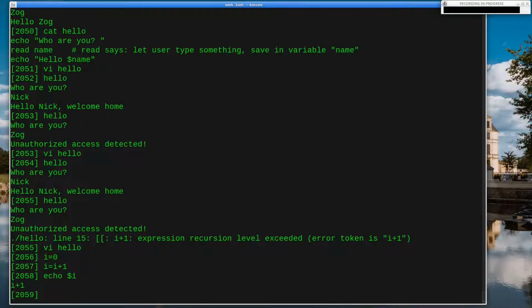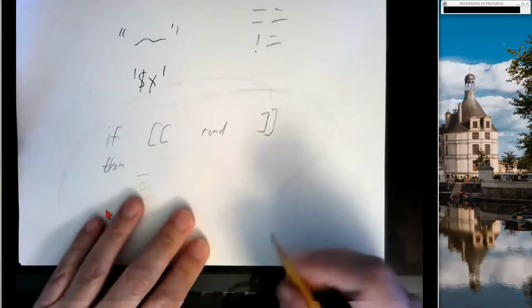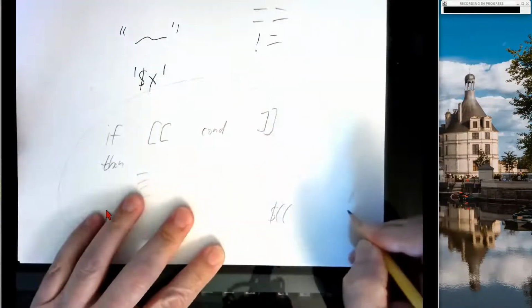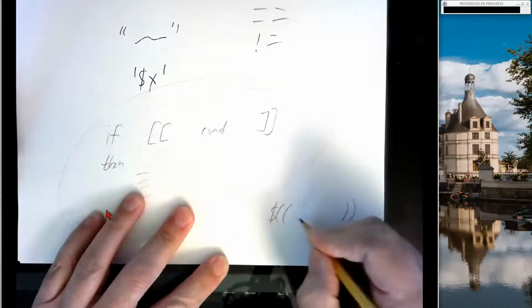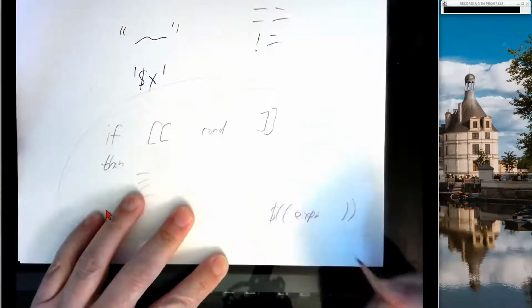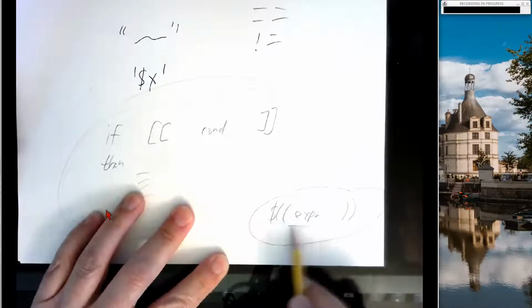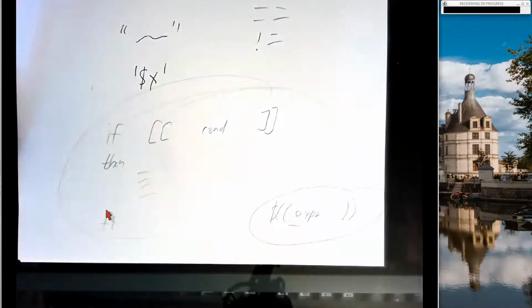So we want to actually do arithmetic. We want to take the value of I, add 1 to it, and store it back in I. And there's a way to do that. And that's saying $, and then double parentheses and some expression. And this will evaluate this expression in the way that we would expect a programming language to evaluate an expression.